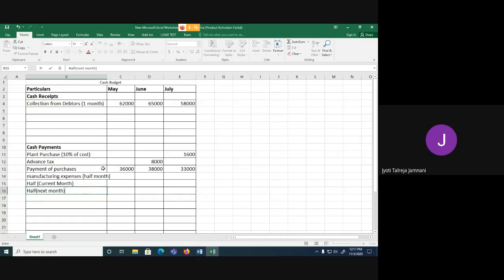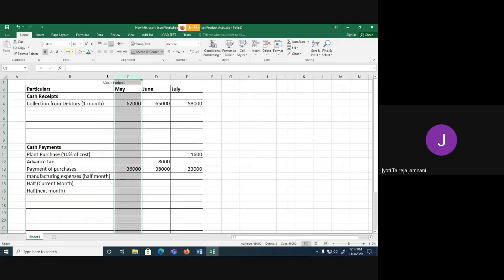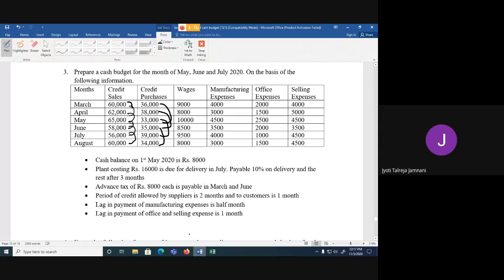Okay, so how is this half going to work? Let's see. So I'm recording it here below. Now we're talking of manufacturing expenses. 4,000 rupees is manufacturing expenses.